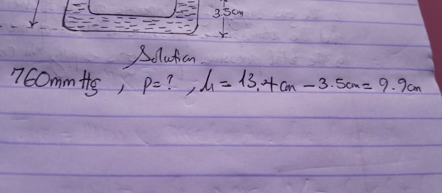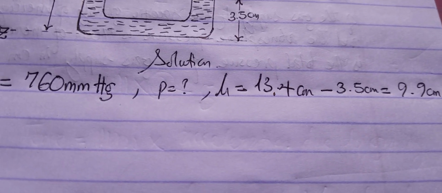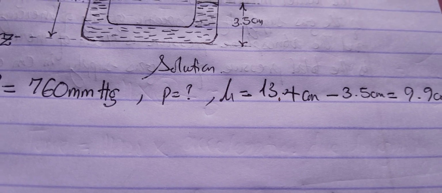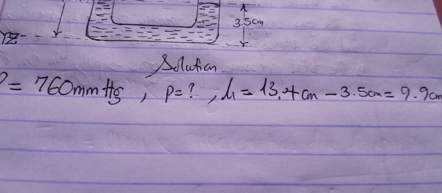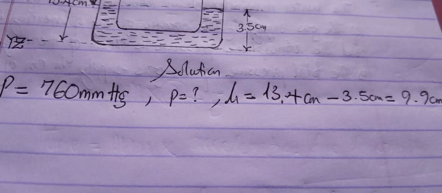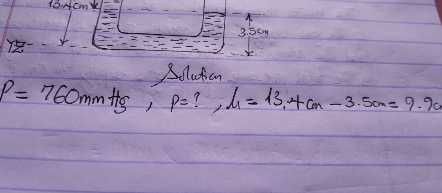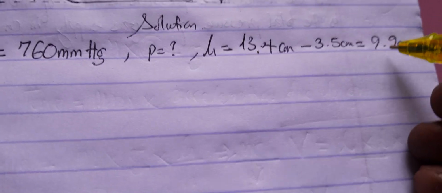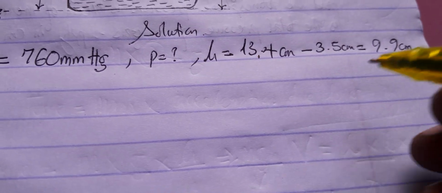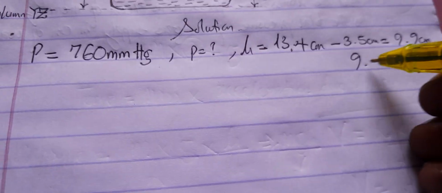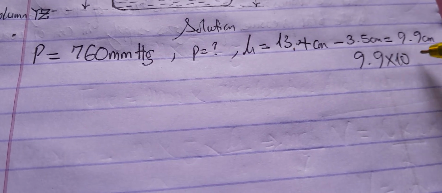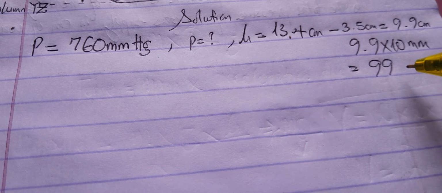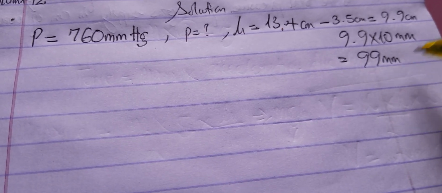Let's choose one and convert centimeter to millimeter. If you don't understand how to convert, check the video that has to do with prefixes in physics and their conversion. To convert centimeter to millimeter, I'm just going to multiply by 10. So that will give me 99 millimeter.